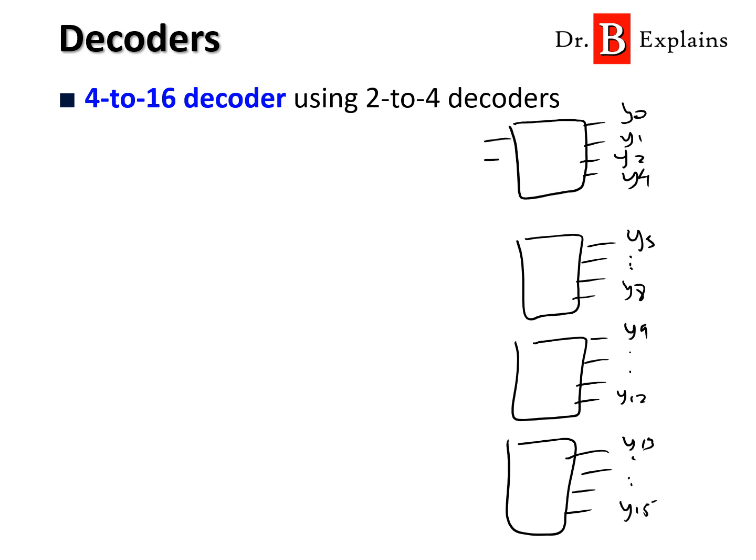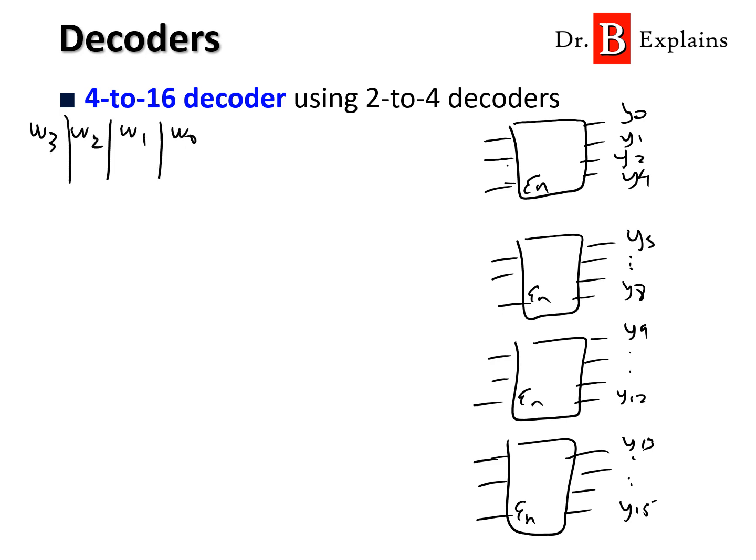Okay, then we're going to have the two values and an enable, two values and enable, two values and enable. And remember how do we turn on each of these? With the enable, right? So remember our table, we had W3, W2, W1, W0. So W0, W1 are all going to be connected here.